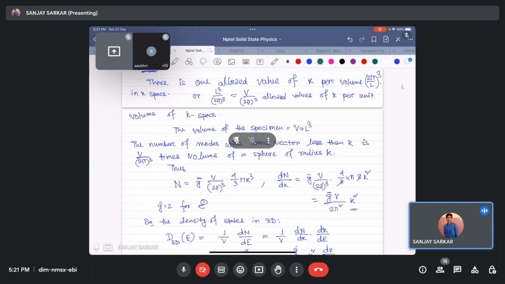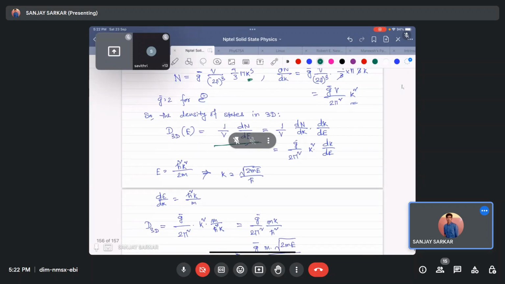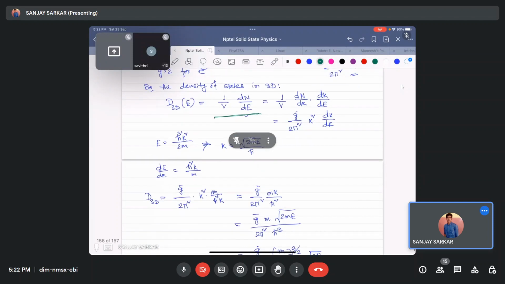So we need to find 1 by V del n by del E. You know n, so you can differentiate it with respect to E. One more thing you can do: in place of k you can write it in terms of E, and then you don't need to use the chain rule, you can straightforwardly calculate this. Is there any doubt?